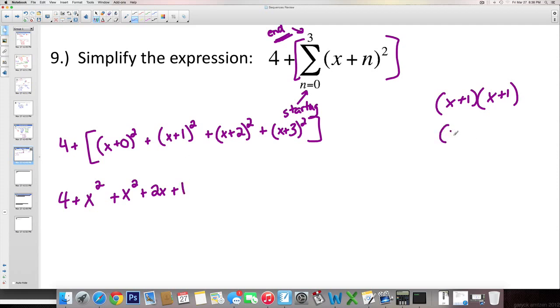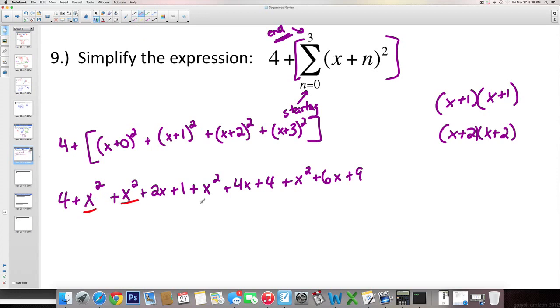X plus 2 squared, x plus 2 times x plus 2, so double distribute that if you have to, and that's x squared plus 4x plus 4, and finally x plus 3 squared is x squared plus 6x plus 9.